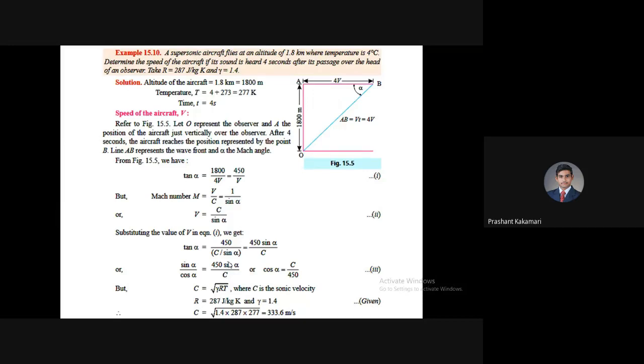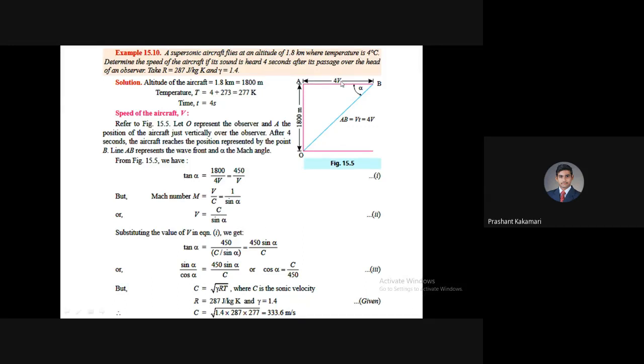So in the sketch, you can see, to find out this angle, what they have done is taken the vertical distance 1800 meters, that is 1.8 kilometers, and for the adjacent line, they have given only the distance traveled, V delta T. For that delta T, they have taken 4 seconds.